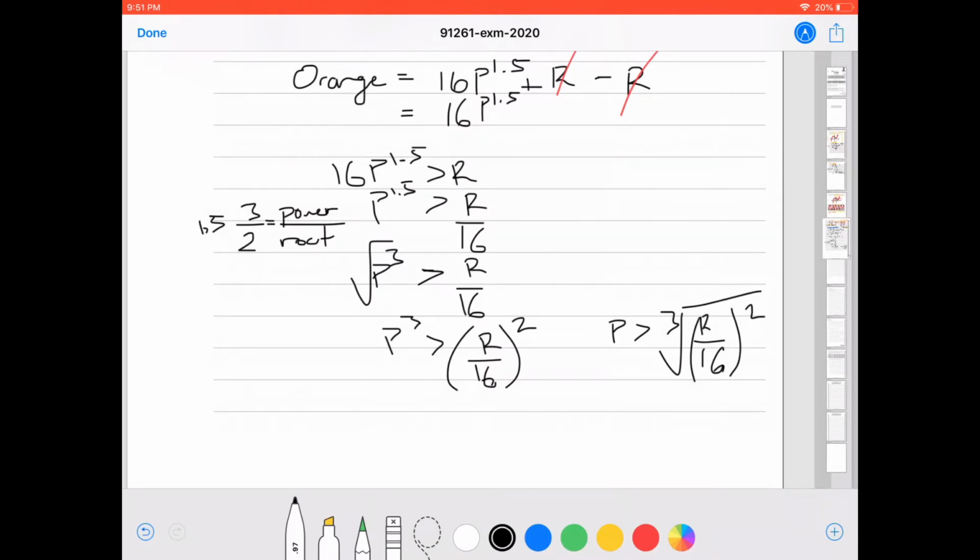The marking schedule stops at p cubed is greater than r over 16 all squared. So I too will stop. If possibly someone in the comments wants to enlighten me as to why this is the case, then please do. Anyway, correct result here derived with correct mathematical statements gets you the excellence here.